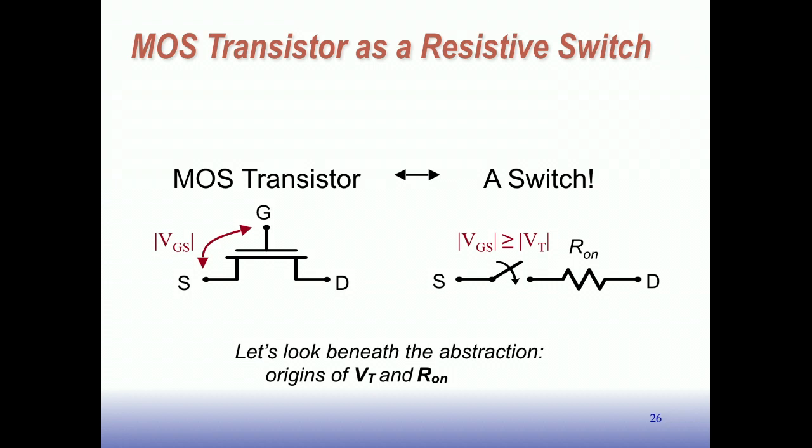So VGS has to be greater than VT. VT is the threshold voltage. And for these transistors these days, it's like 1/4 of a volt. Even if you put some voltage on the gate, if there's not enough voltage to invert the channel, the transistor won't turn on. So that's the other thing we need to keep in mind, that there's a threshold voltage.